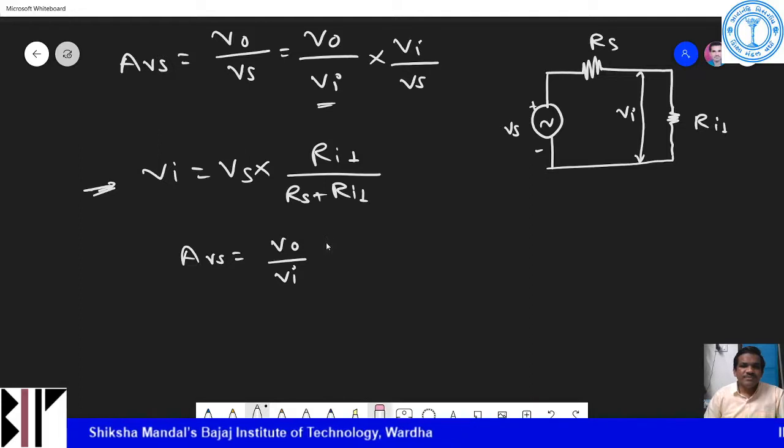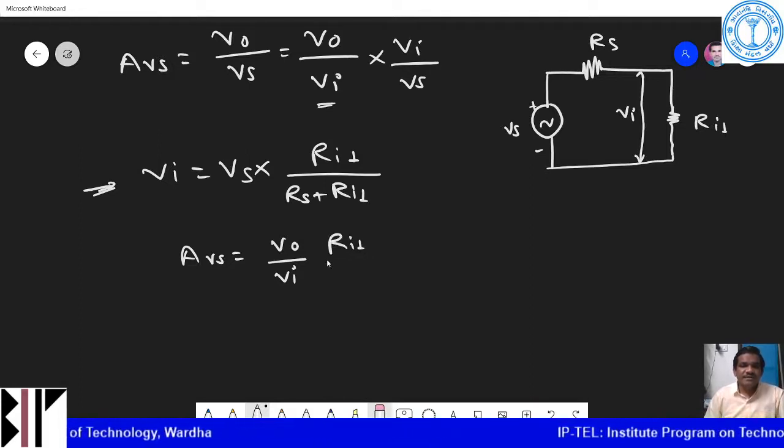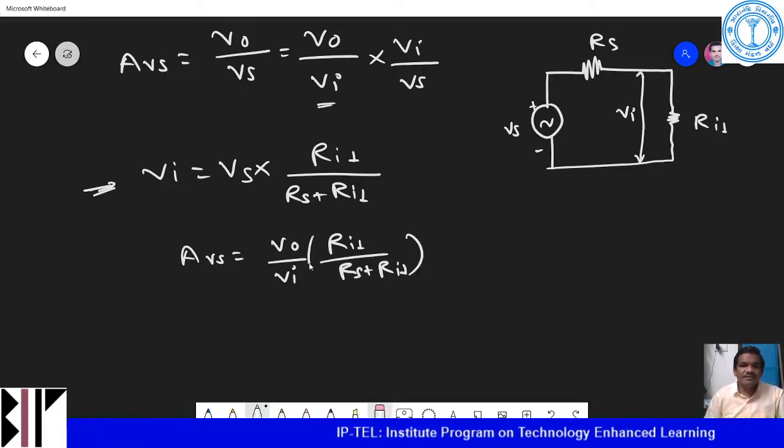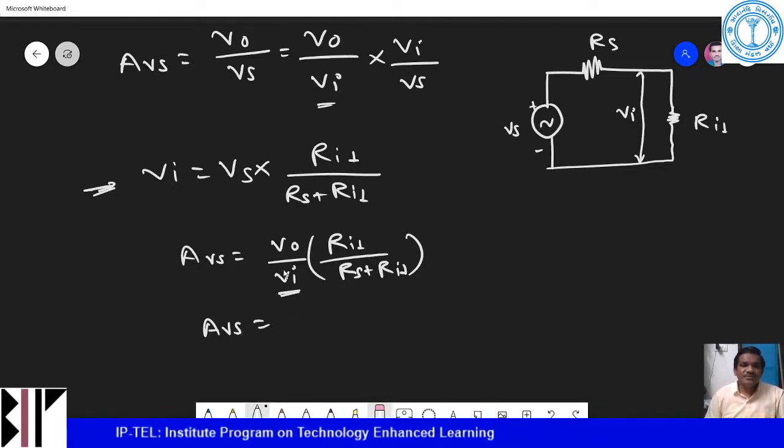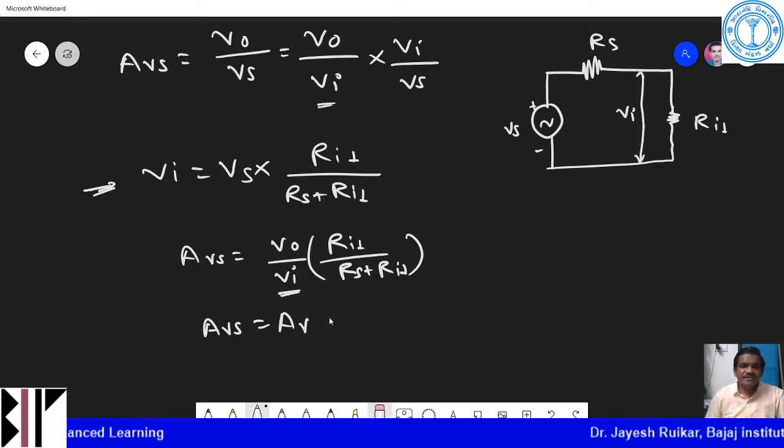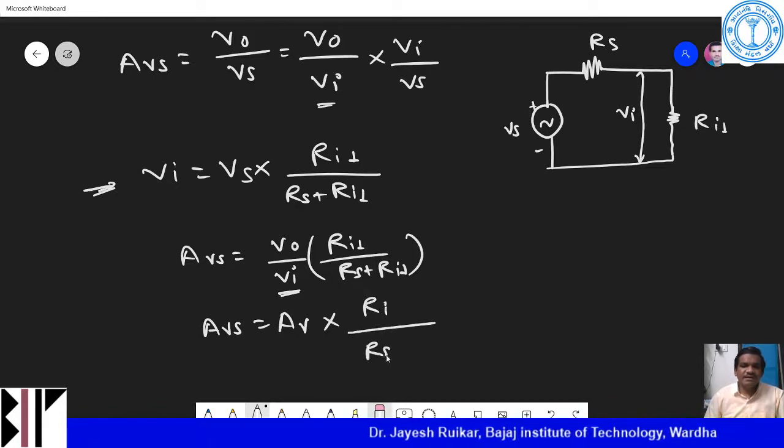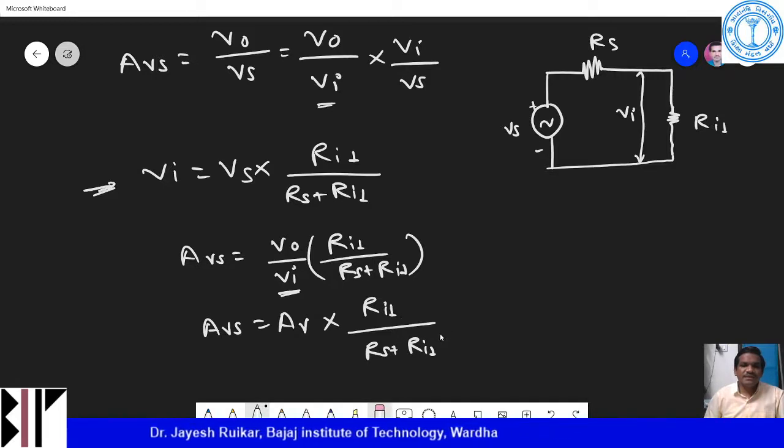I will write VO by VI multiplied by Ri1 divided by Rs plus Ri1. What is this term? AVS. So this term VO by VI is nothing but AV, that is voltage gain, multiplied by this factor, Ri1 divided by Rs plus Ri1.